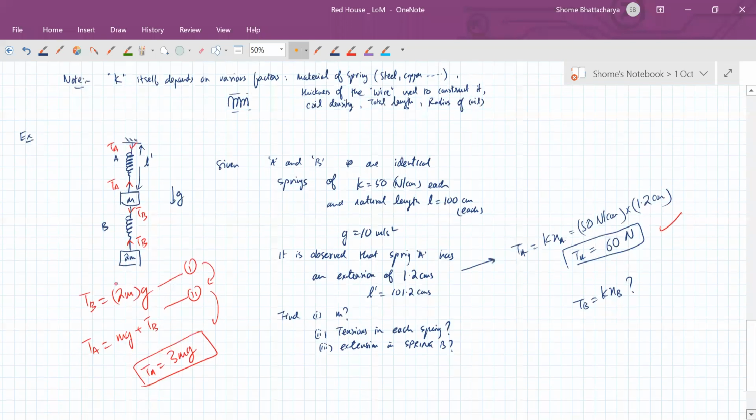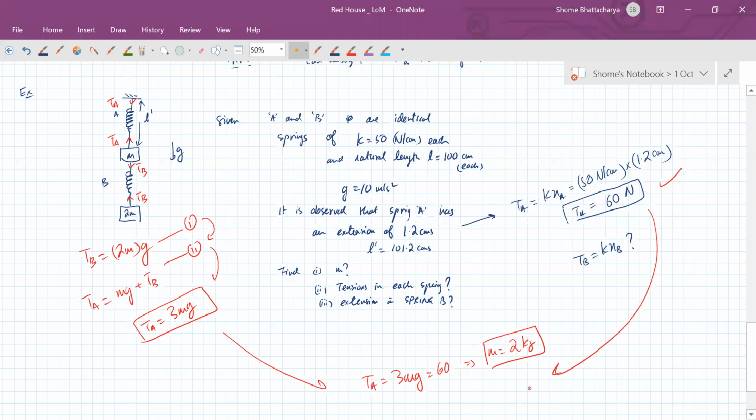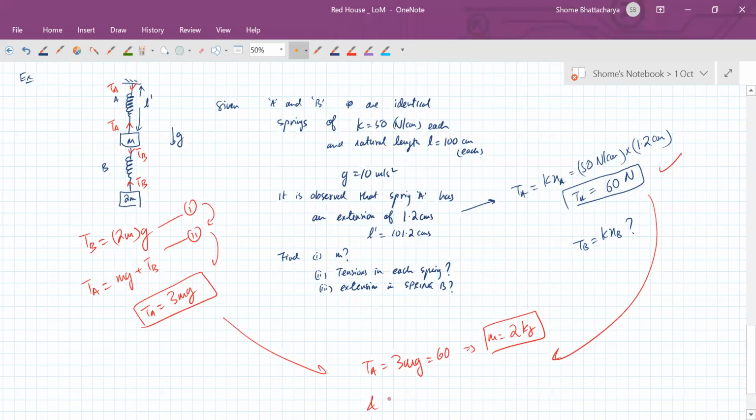Now connecting this and this, you can see that the tension in the spring A, which is 3 mg, is equal to 60 newtons. So that means m is equal to 2 kg, because we are taking g as 10. That also means that the tension in the spring B is 2 mg, so that will become 40 newtons.